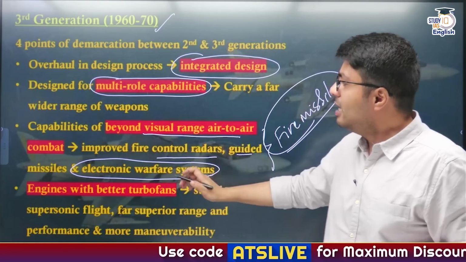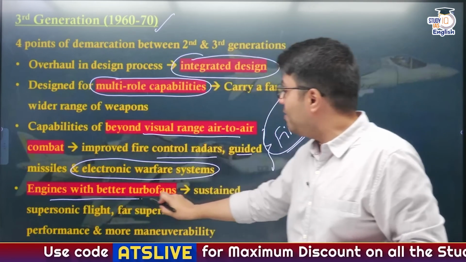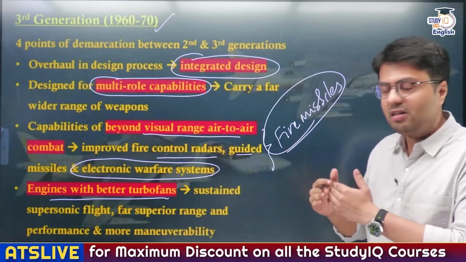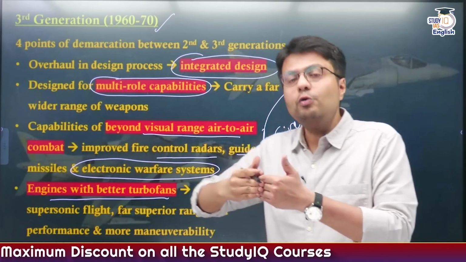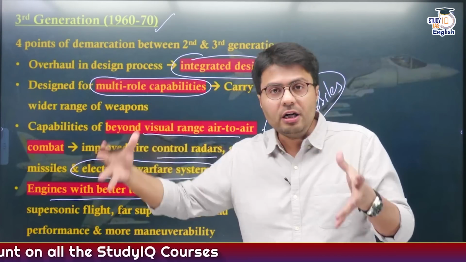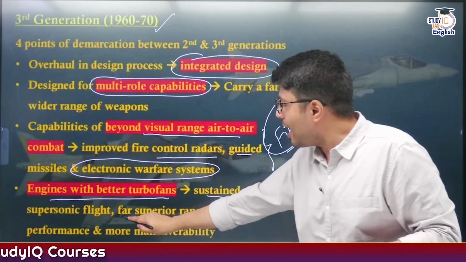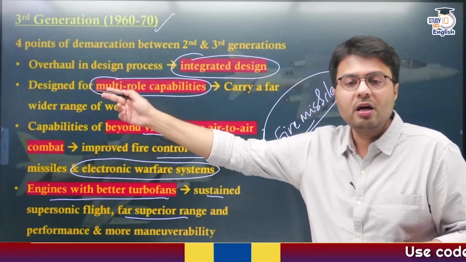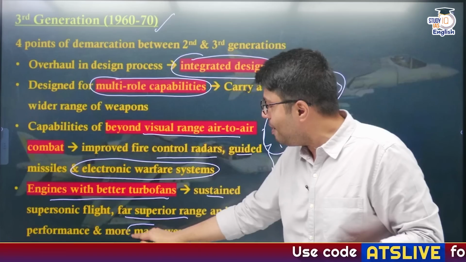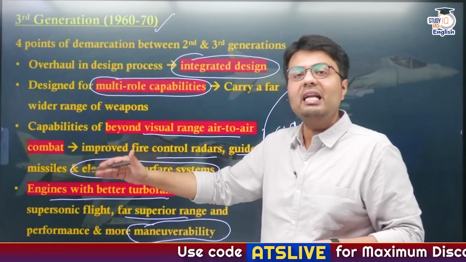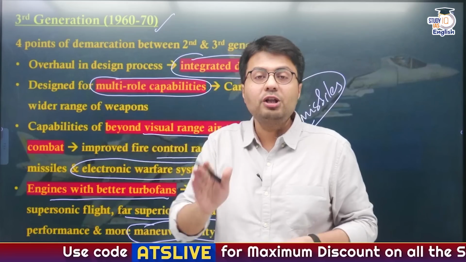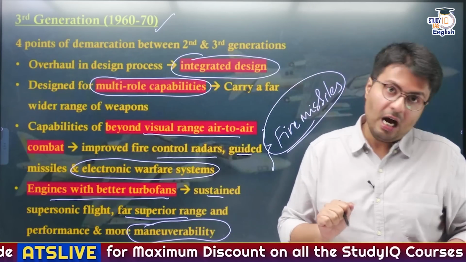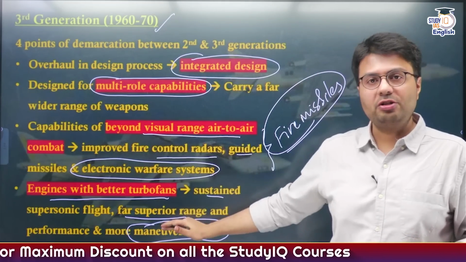And similarly, they had engines with turbofans, which means they can sustain supersonic flight for a much longer duration, which enabled them to carry out missions for a longer range, have higher performance, and even better maneuverability, which means they can engage enemy aircraft with much more effectiveness and efficiency. Understood? So this was third generation aircraft.